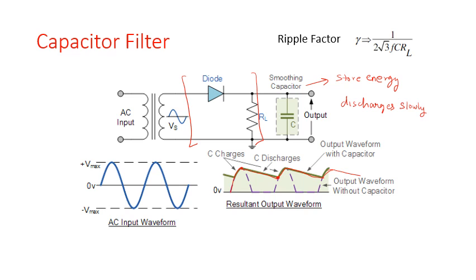It is denoted by gamma and it is equal to 1 upon 2 root 3 f C R_L. You can refer to any reference book to find out how this is derived, but gamma basically depends on the frequency, the capacitor and the load resistor connected in your circuit. For your waveform to be as close to DC as possible, this gamma should be as low as possible.